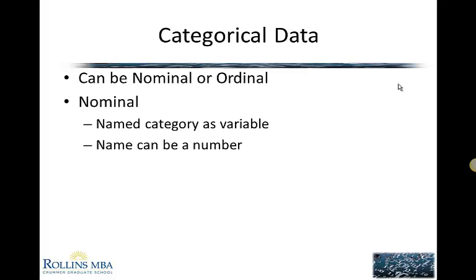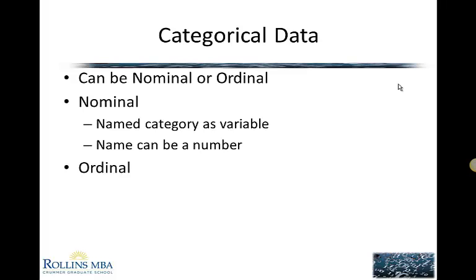For example, Progress Energy might have various categories of customers, residential, commercial, industrial, and they might in their database decide, well, residential customers, we're going to call them category 1. Commercial customers, we'll call them category 2. So we can place a number in there as a placeholder for the name, but it still is nominal and categorical data. Just because we're using a number doesn't change it to numerical data.